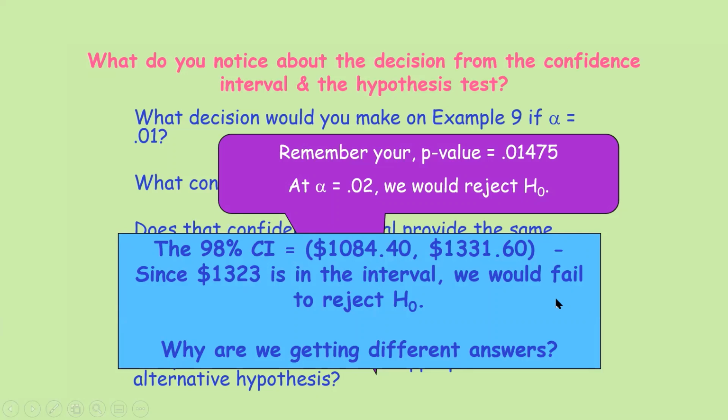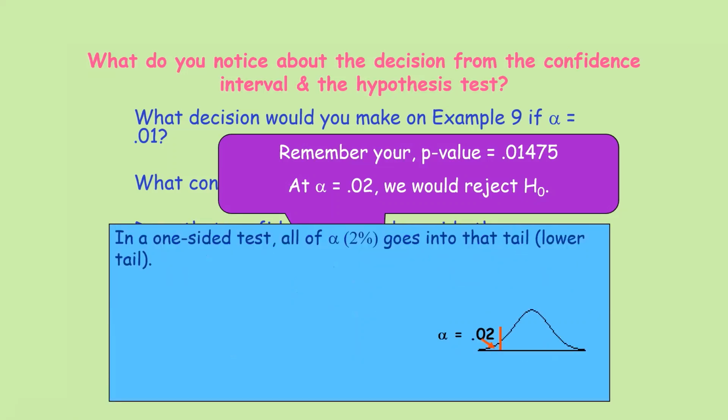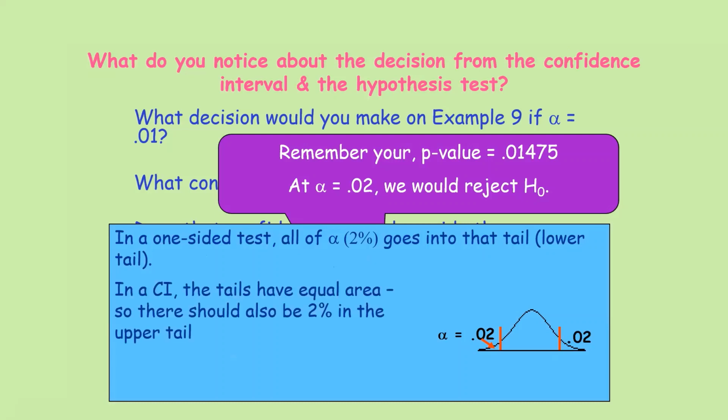Again, why are we getting different answers? In a one-sided test, all of our alpha goes into one tail, and it's 2%. But the tails have equal errors, so there should also be 2% in the upper tail.